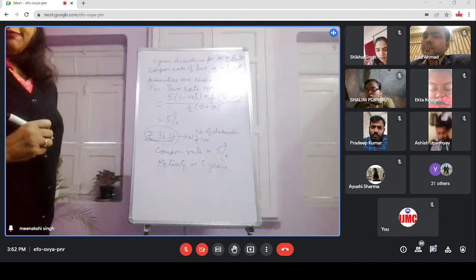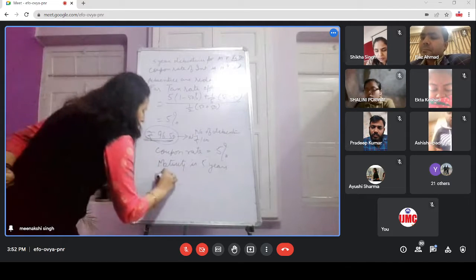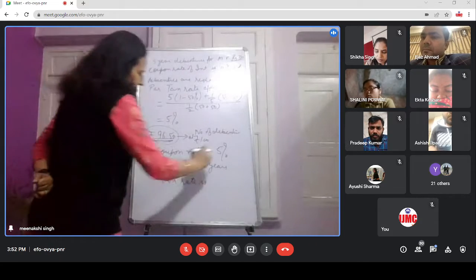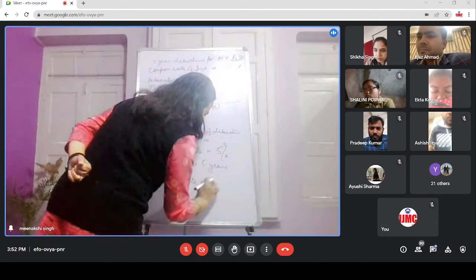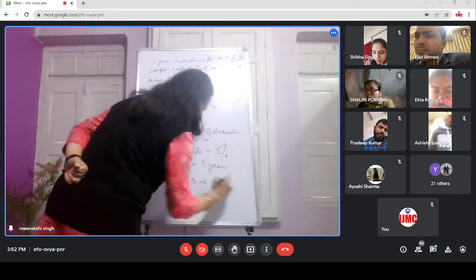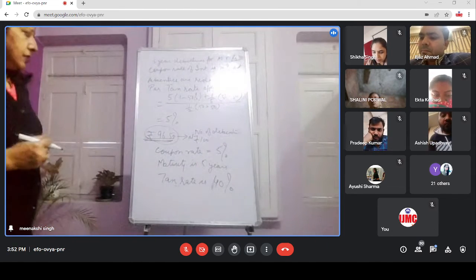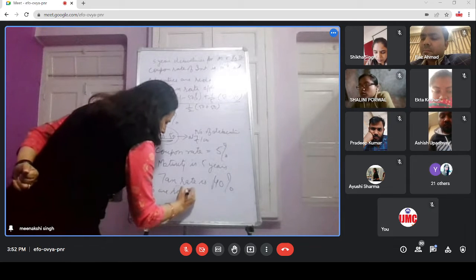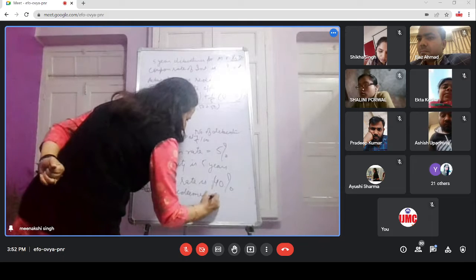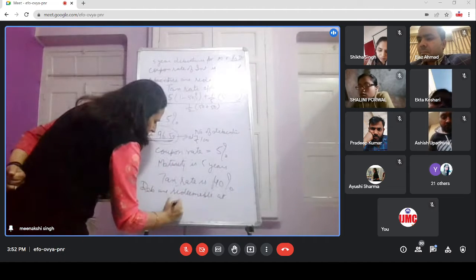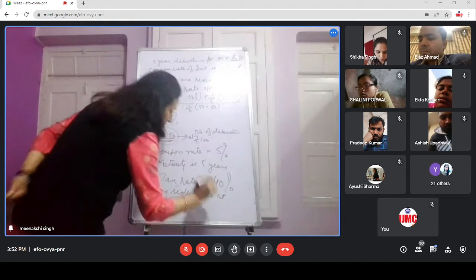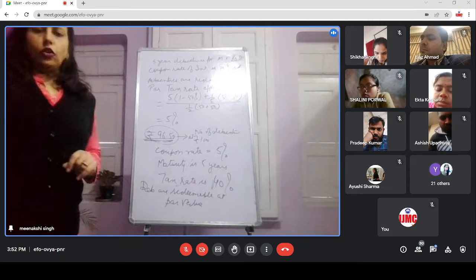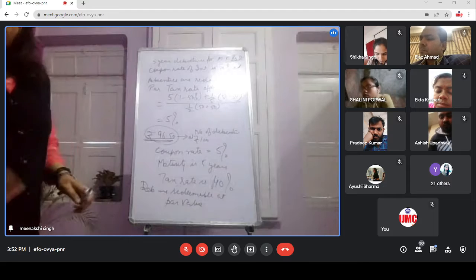The tax rate is 40%. Debentures are redeemable at par value. Calculate the cost of debt. What will be the cost of such debt?